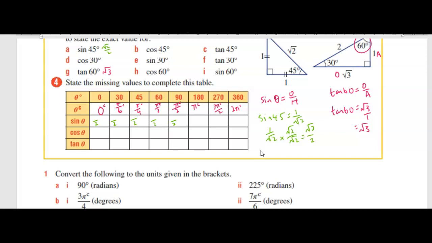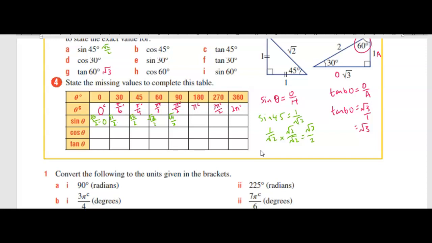We start off with 0, and then 1, 2, 3, 4, and then we just take the square root. And then just simplify.